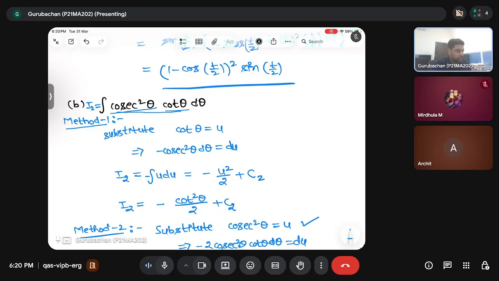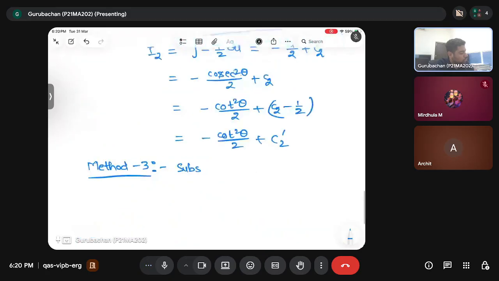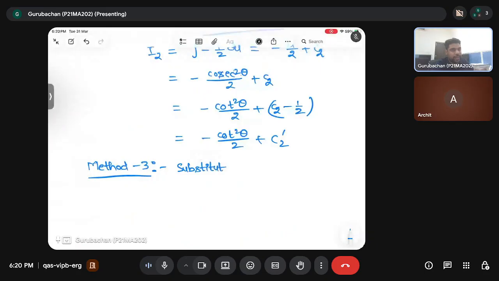Simply, not square, I am saying. Because anyway you know the differentiation of cosec theta is minus cosec theta cot theta, and there is a cosec square theta. So you may substitute cosec theta as u.